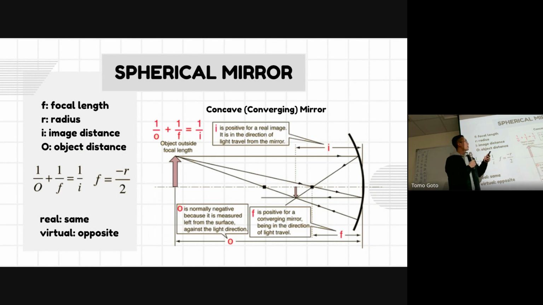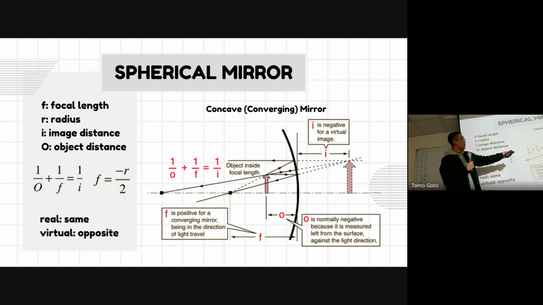Next we have the concave mirror, or the converging mirror. For a converging mirror, when the object is beyond the focal length, a real image is formed. And when it's within the focal length, virtual images are formed.